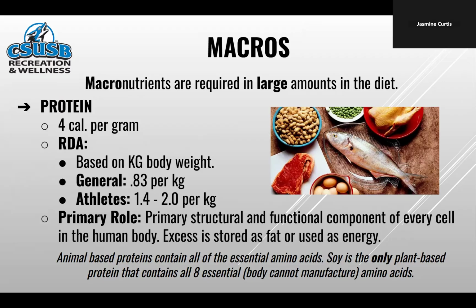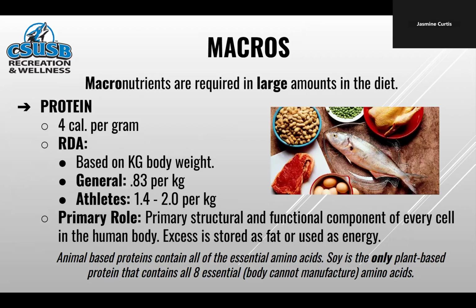So say that we got our 3-day food recall from our client or yourself, you have your estimated daily caloric needs. Now, from those calories, we can choose how much of those calories are going to be required to be protein. Well, based off your body weight, for a general population person, it's 0.83 grams per kilogram.